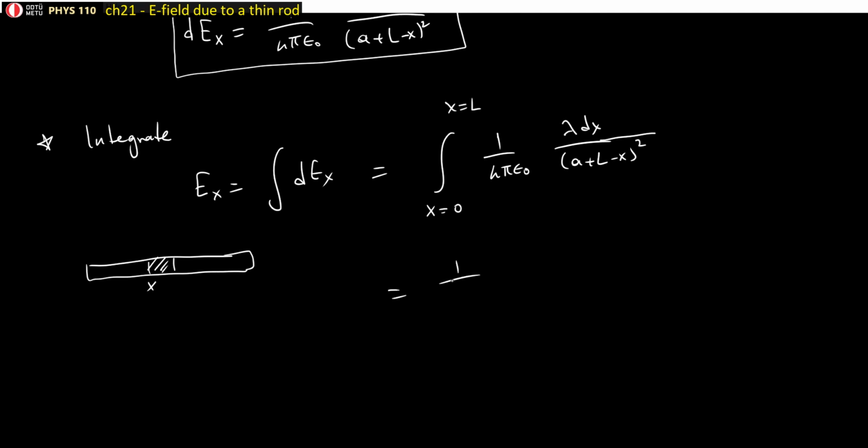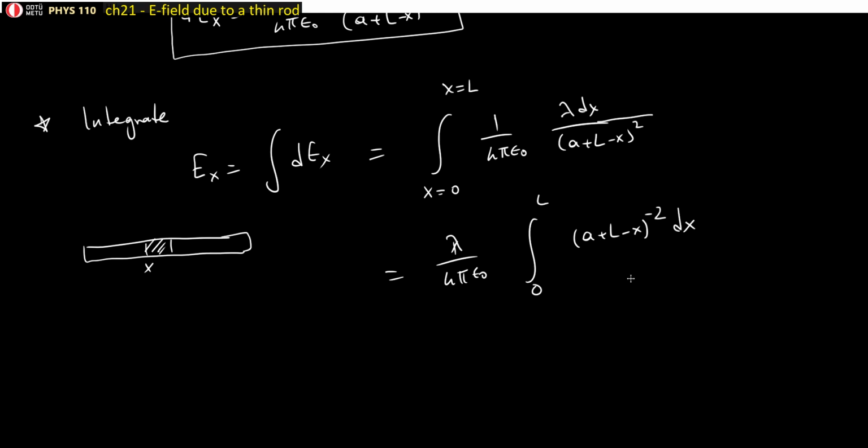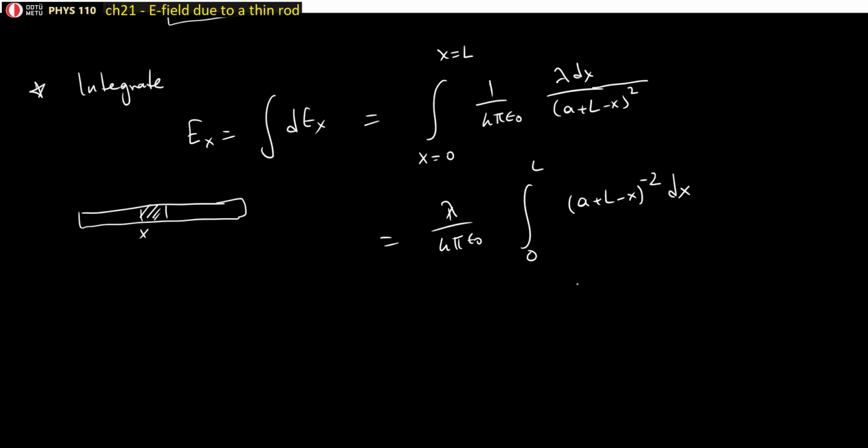Let me take these things out. I know that this is the minus second power of some linear function of x. I know that this has an integral like that with a minus first power. To find the coefficient in front, I just take the derivative of that expression.